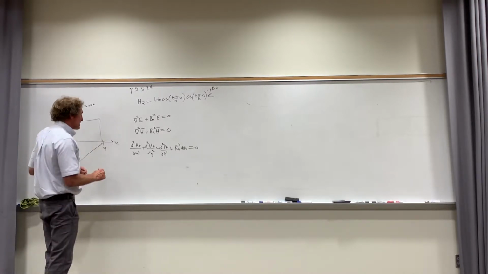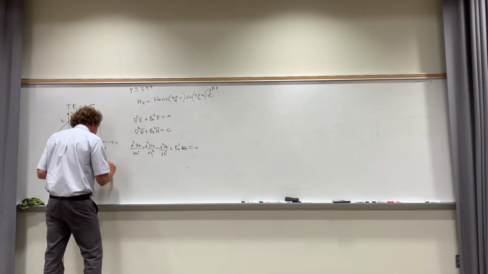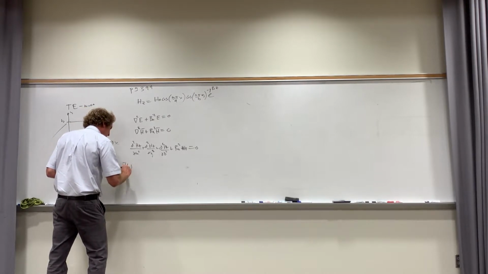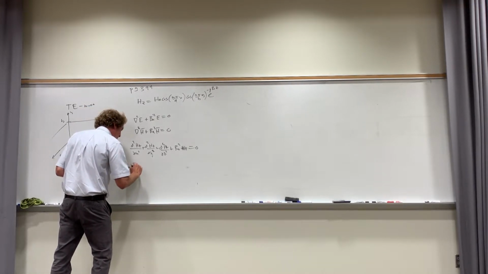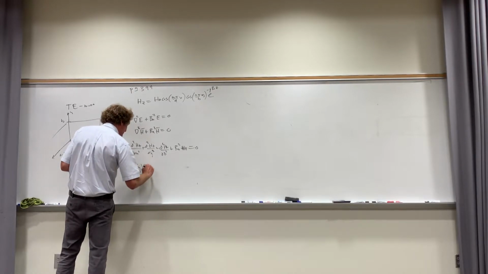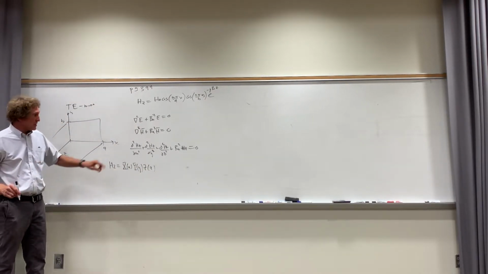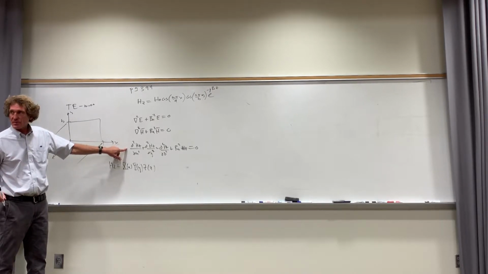Then we use separation of variables, so we let Hz equal some function X of x, some function Y of y, some function Z of just z, and then we do these derivative operators. Now this is a little boring and I've done them once before, but I'm going to do them again. You don't have to write them down, just pay attention.